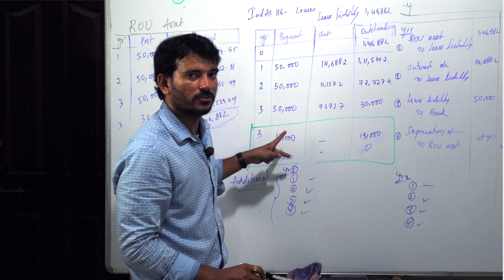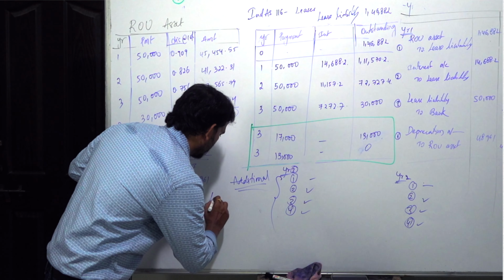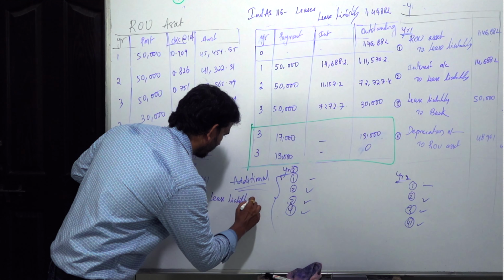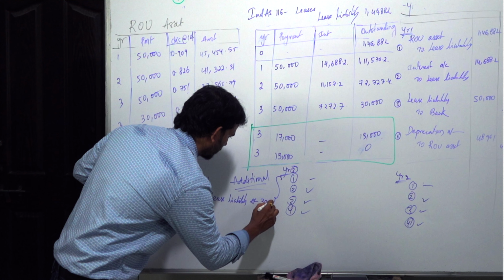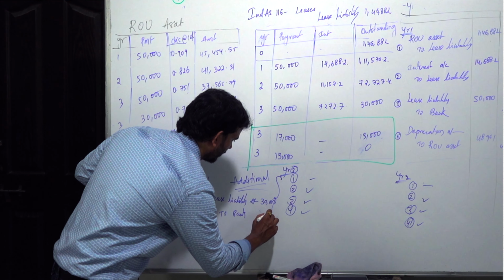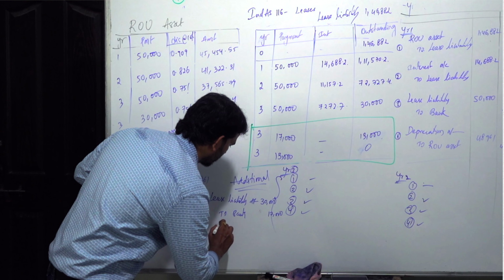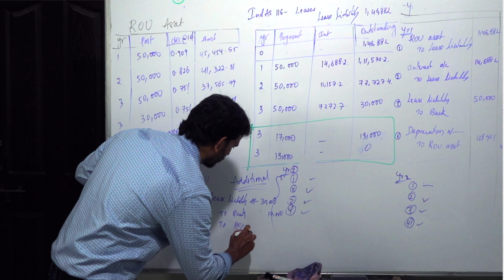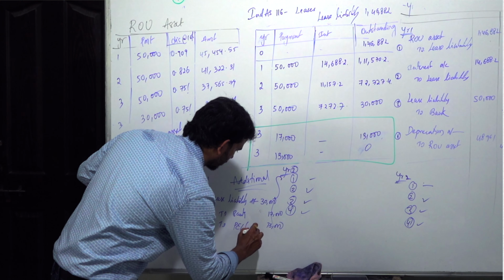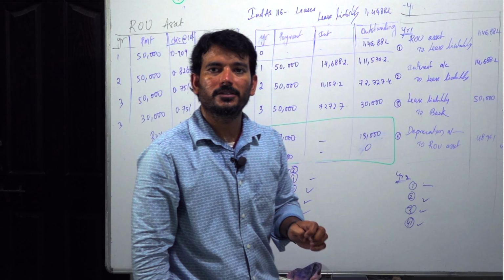What about this 30,000? That also we will debit. So lease liability 30,000 debit. How much are we making to the lessor? 17,000. So the remaining 13,000 is our profit. So we'll transfer it to P&L, 13,000. You can say this is your balancing figure. So that's how you will write the entries in the books of the lessee.